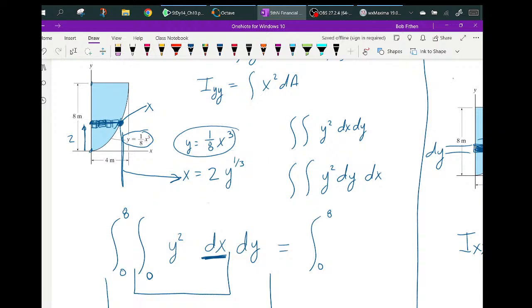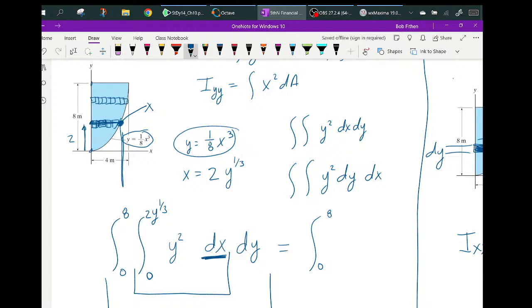But I have to write it generically. So I have to write 2y to the 1/3. Now, the x bar, wherever you're at, if you're up here, you're stacking a lot of the areas until they reach the edge.